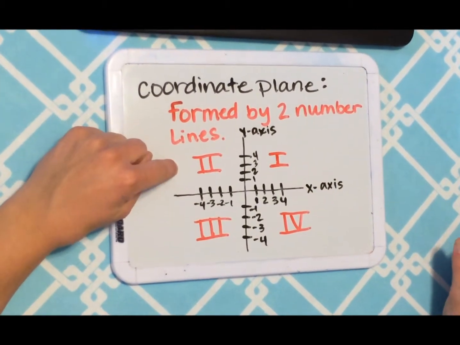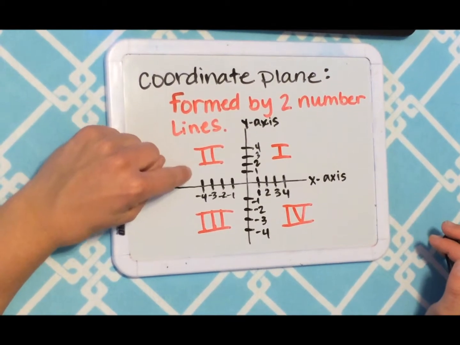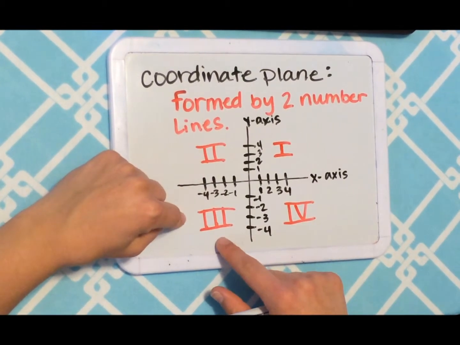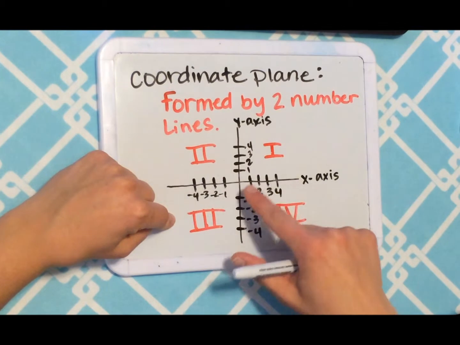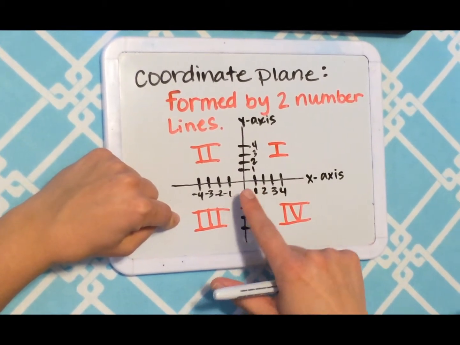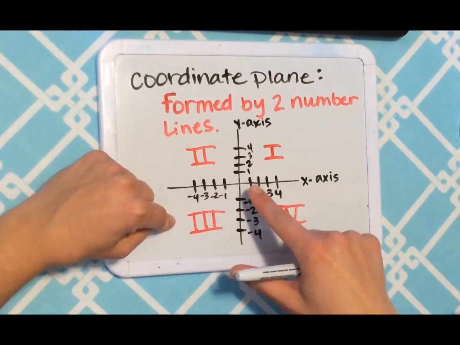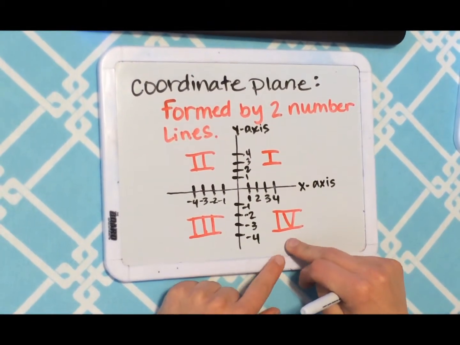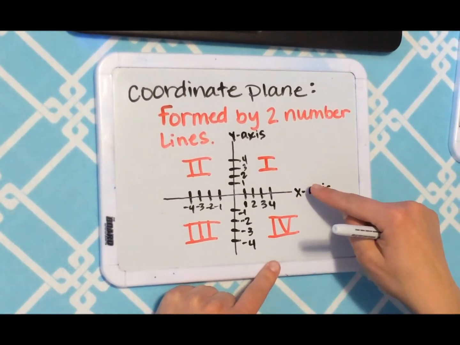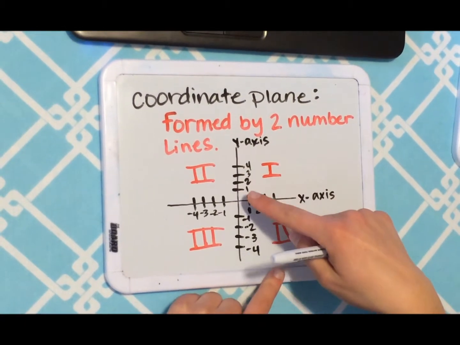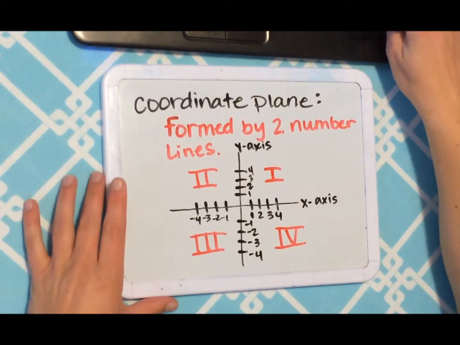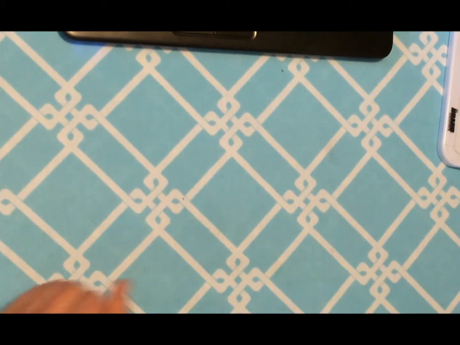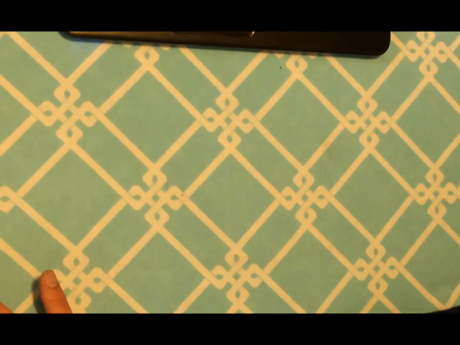The second quadrant has negative x but positive y coordinates. The third quadrant has negative x coordinates and negative y coordinates, and the fourth quadrant has positive x coordinates and negative y coordinates. So that's just an easy way to remember when you're plotting a point or an ordered pair.